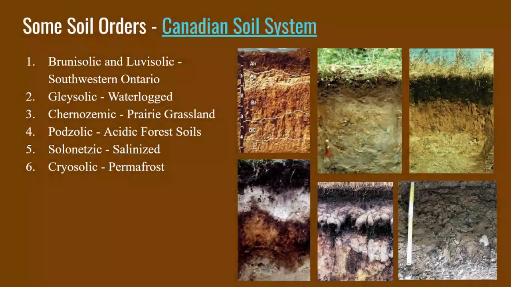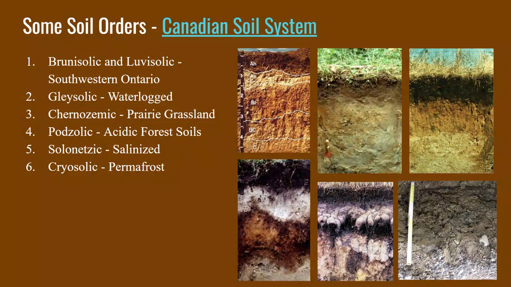Some soil orders in Canada include the Brunisolic and Luvisolic soils in southwestern Ontario, the Gleysolic soils or waterlogged soils, which are prevalent in wetlands, the Chernozemic or prairie grassland soils, Podzolic soils, which are acidic forest soils, which are prevalent in the boreal forest as the trees on the surface drop their needles, which are acidic.